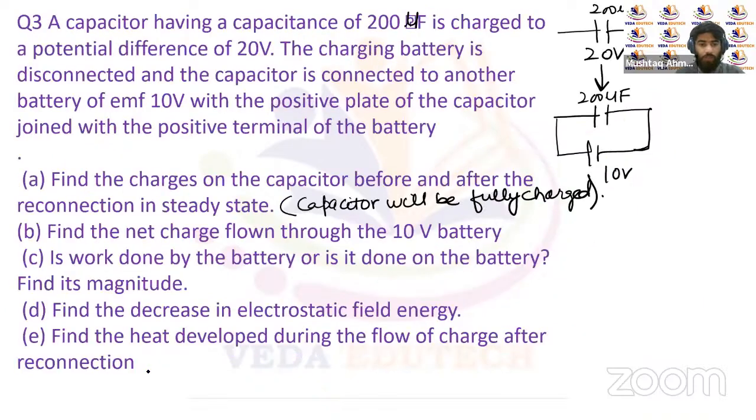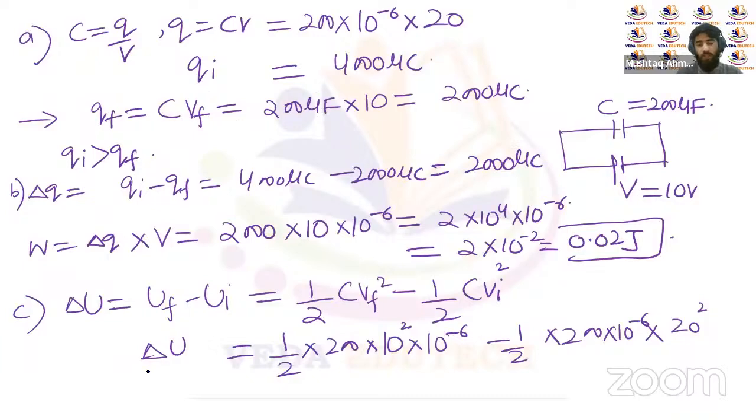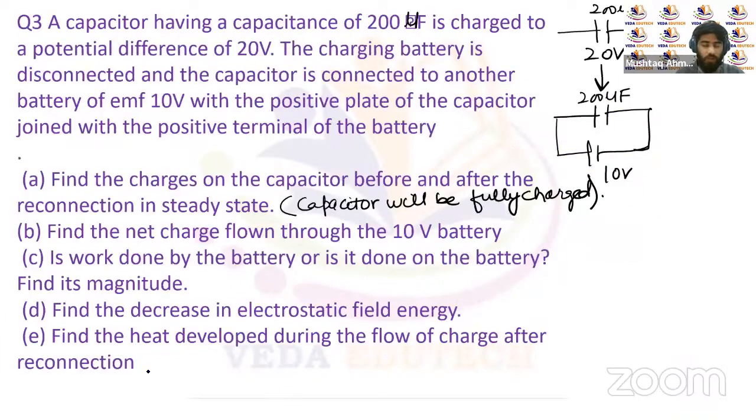And now the important point is to find the heat developed during the flow of charge after reconnection. So definitely there must be some heat developed during the reconnection, right?